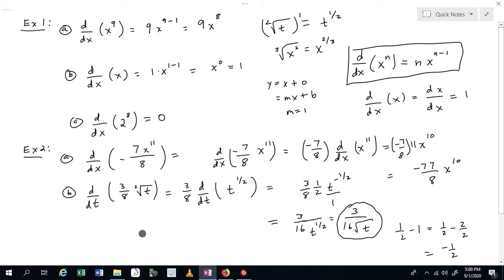We're not going to talk about that until a later section. For now, every time you take a derivative, these letters should match up. So we're taking the derivative with respect to t, and the only thing we know how to work with is functions that depend on t. Just like up here, this function depends on x, so we only know how to find the derivative of it with respect to x.